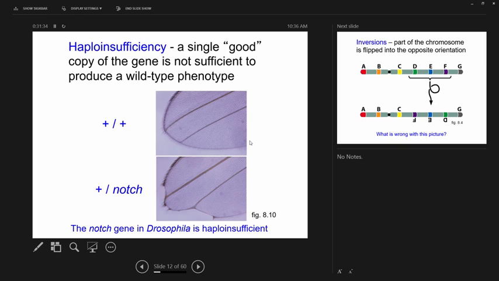I don't use that with you because if you are plus over plus, you're wild type, dumpy over dumpy, you are a very small, really short dumpy. And if you are dumpy over plus, you are supposedly wild type, but if you look closely, you can tell that you're just a little bit shorter and fatter than normal, and that's going to be, again, sort of this haploinsufficiency or incomplete dominance.